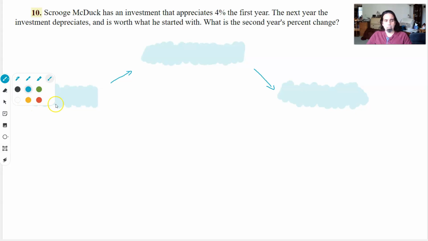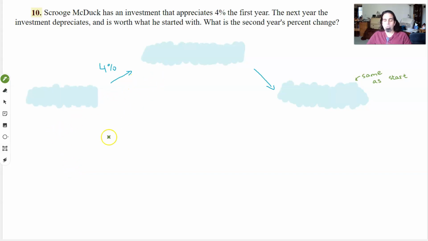We know that this is 4%. And we know that this one is the same as the start. And that doesn't seem like enough information to get going.